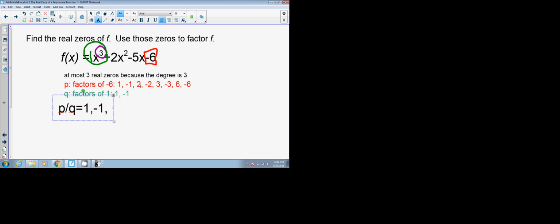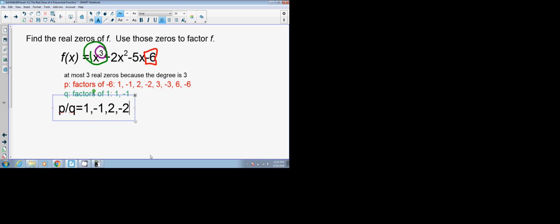Next thing we have 2 divided by 1, which is 2. Then we have 2 divided by negative 1, which is negative 2. Negative 2 divided by 1, negative 2, which we already have written. Negative 2 divided by negative 1 is positive 2. We continue this process until we've divided all of the factors of negative 6 by all of the factors of 1.